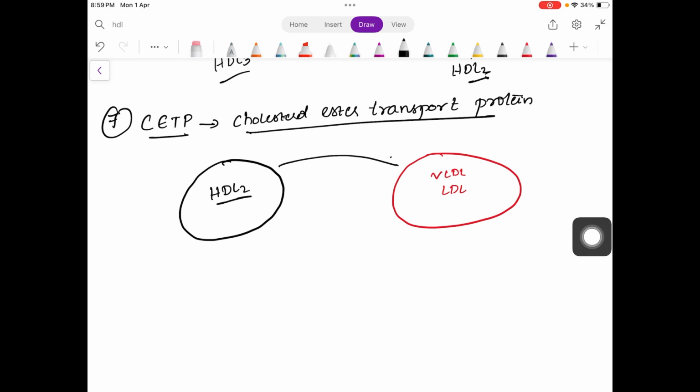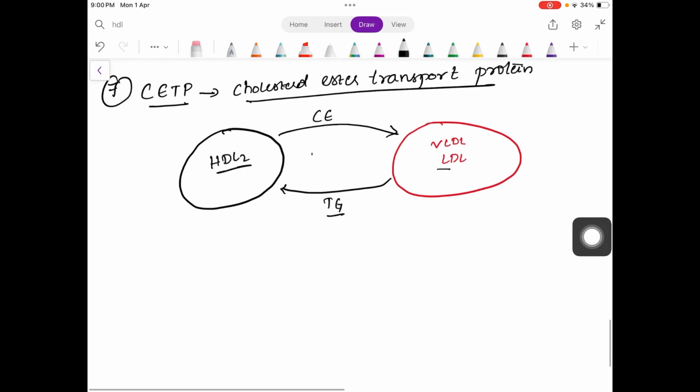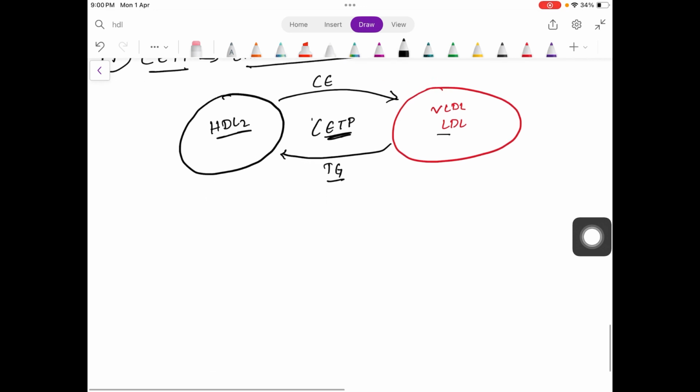And this CETP will exchange cholesterol ester from HDL to VLDL molecule or LDL molecule, and they cause transport of triacylglycerol from VLDL and LDL to HDL2 molecule. And this is done with the help of CETP.